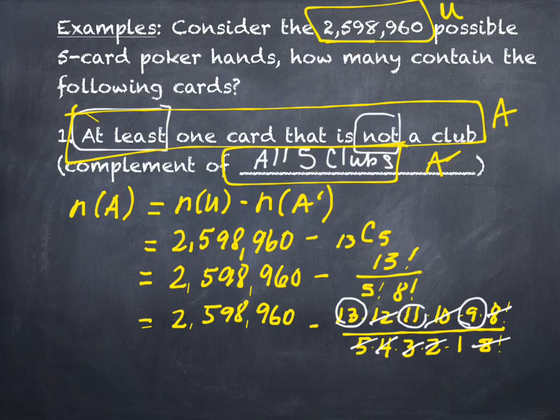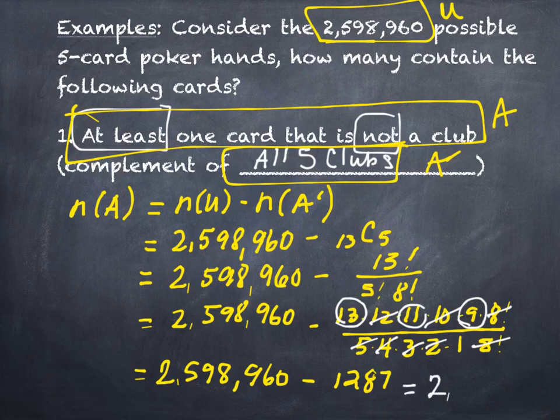So what is 13 times 11 times 9? 1287. All right, so what is 2,598,960 minus 1287? It's still 2 million something.